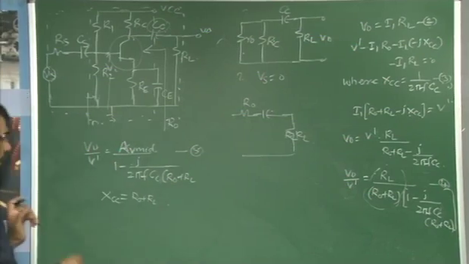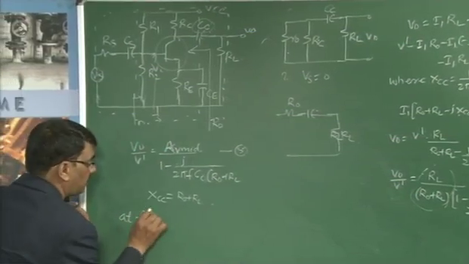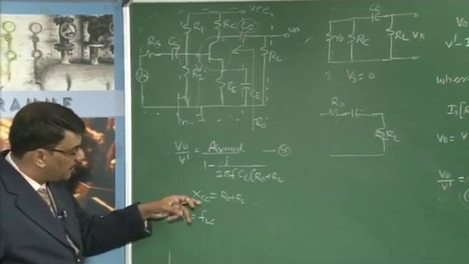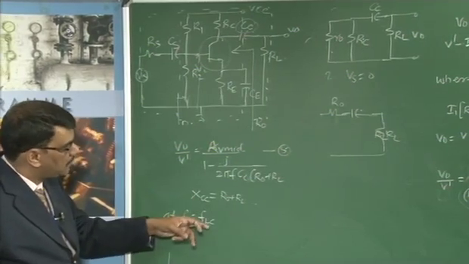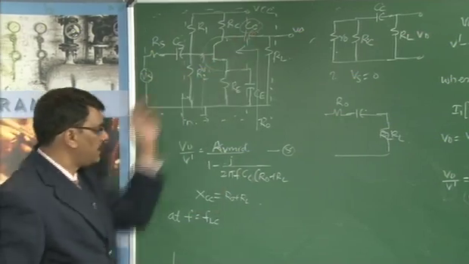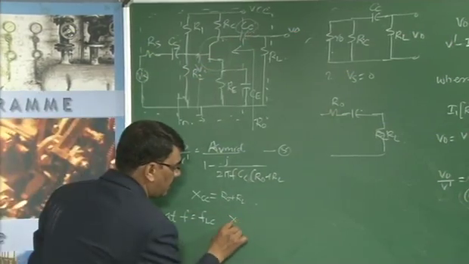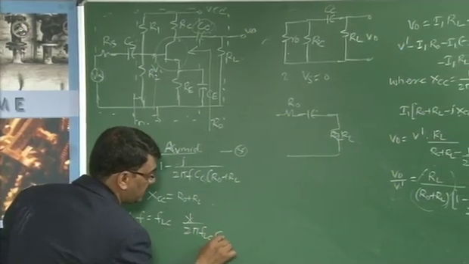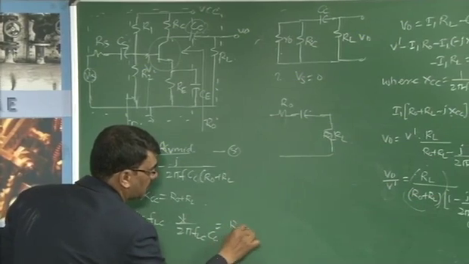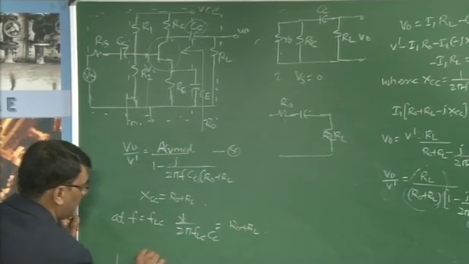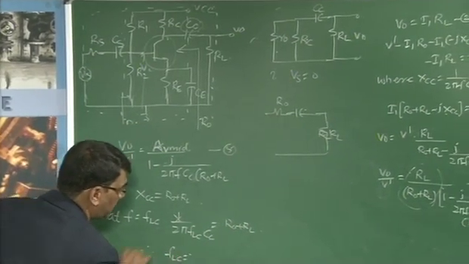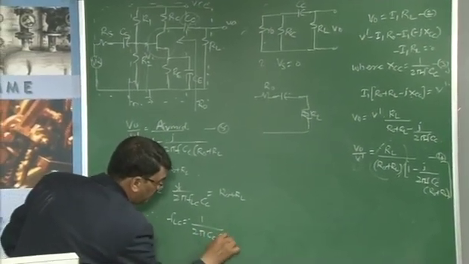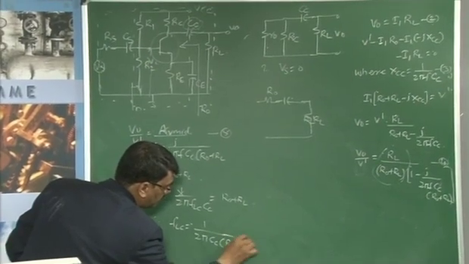We can say that at F equal to FLC, that FLC is the tuning frequency or cutoff frequency, but due to the coupling capacitor CC, this XCC is equal to 1 by 2 pi FLC into CC equal to R naught plus RL. Then you can get that FLC is equal to 1 divided by 2 pi CC into R naught plus RL.